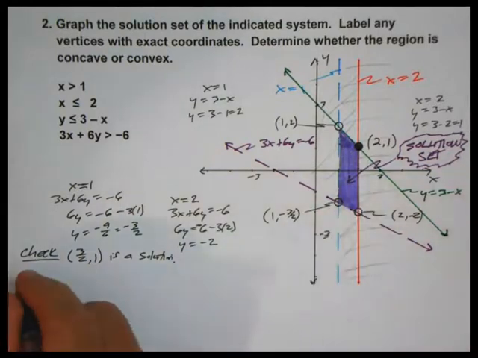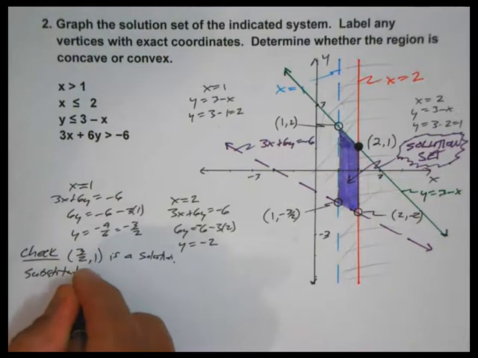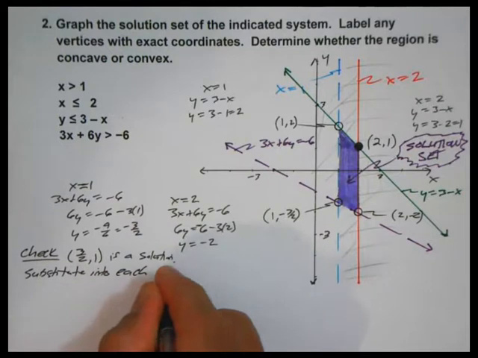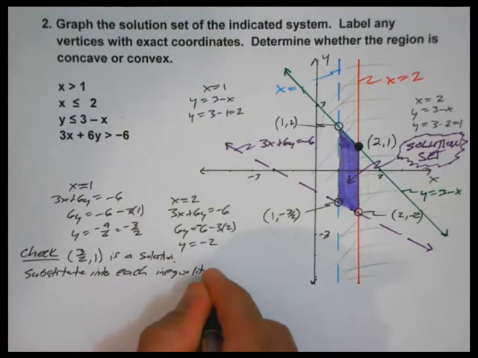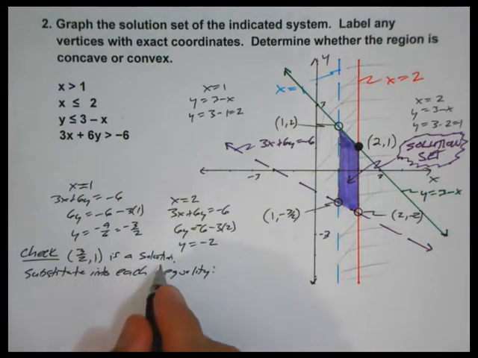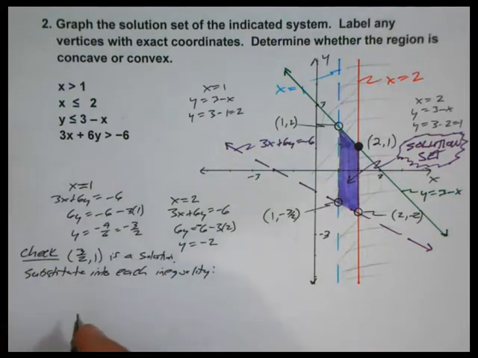And so let's try substituting into each inequality. Since we have a point which is a solution, it must, by definition of solution, make each inequality a true statement following substitution. Let's see what happens.